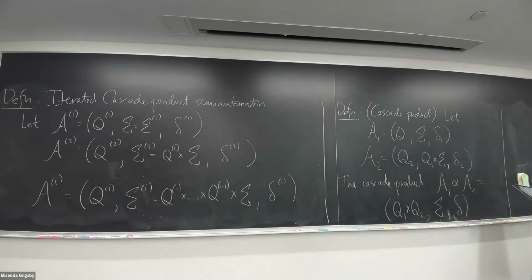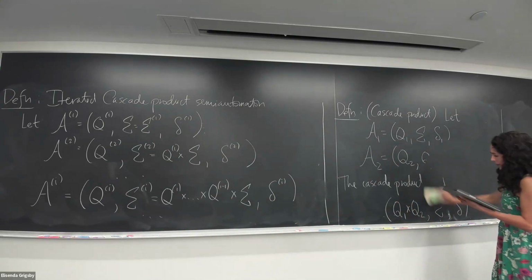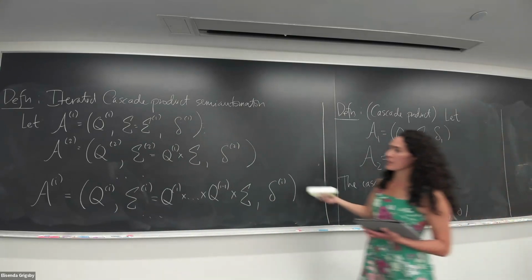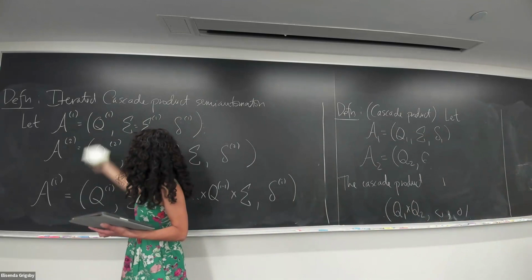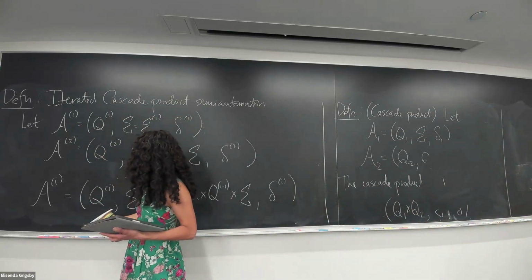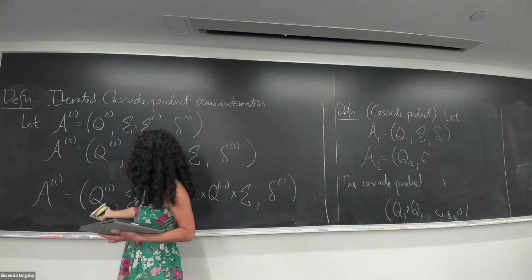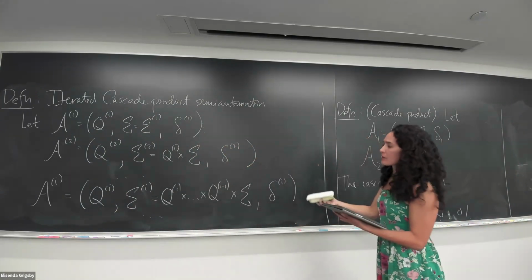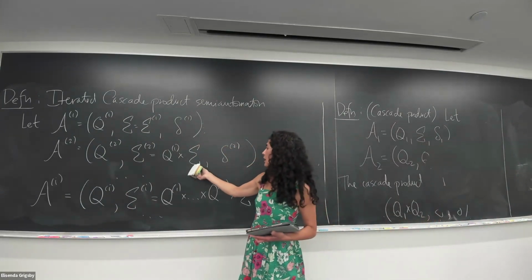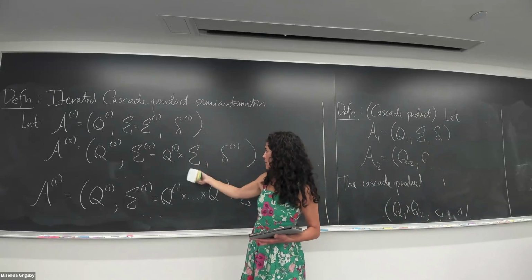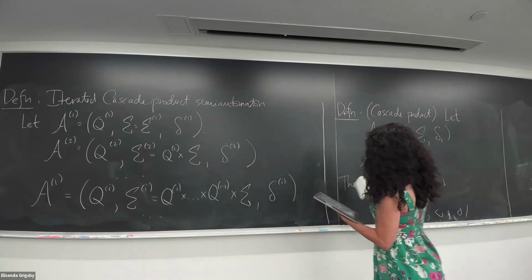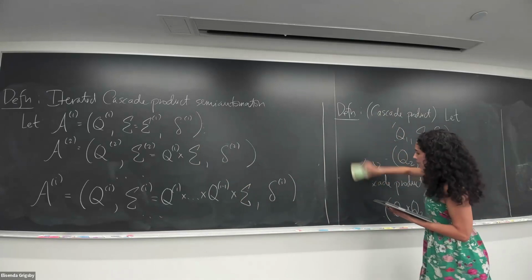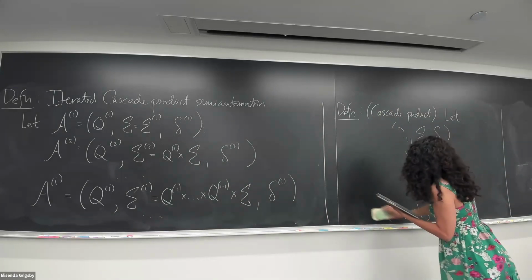And then the cascade product semi-automaton will be the semi-automaton whose state space is the product of these state spaces, and whose transition space is sigma, and where the transition map is somehow the only thing that it can be.